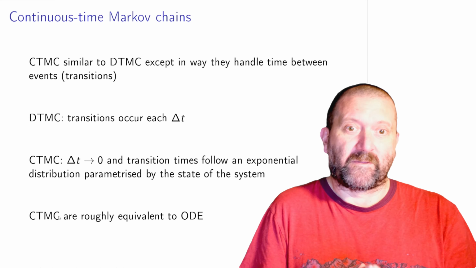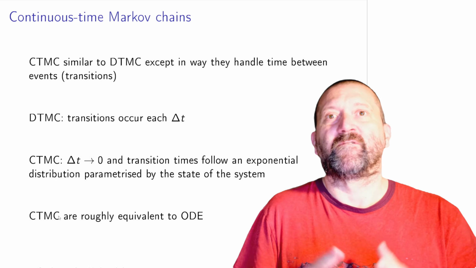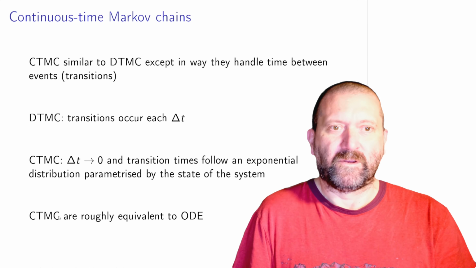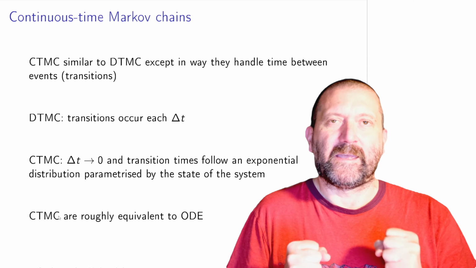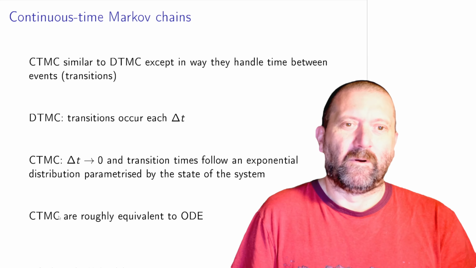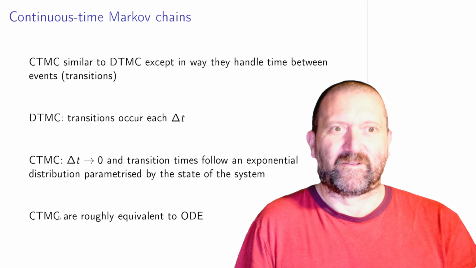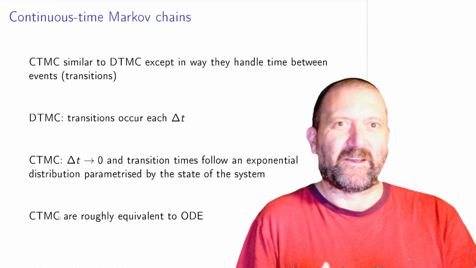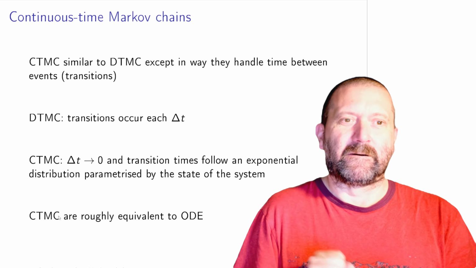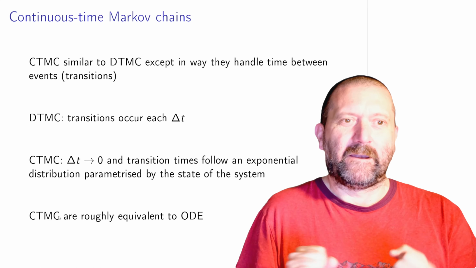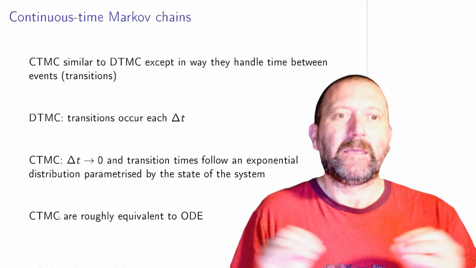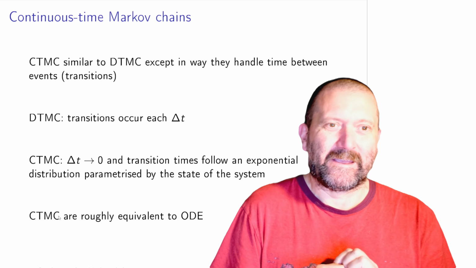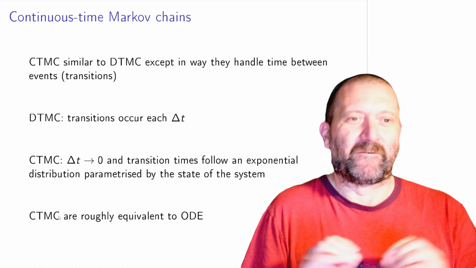And I'll point out that one of the reasons continuous time Markov chains are really useful, in my view, for a modeler to use, is that they are very, very similar to ordinary differential equations. As a matter of fact, if you are using a continuous time Markov chain and a linear differential equation, then the mean of your continuous time Markov chain absolutely matches the differential equation.